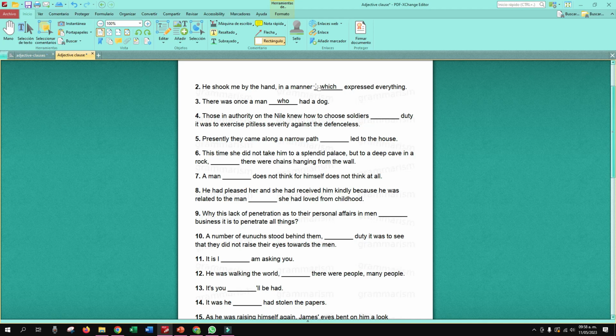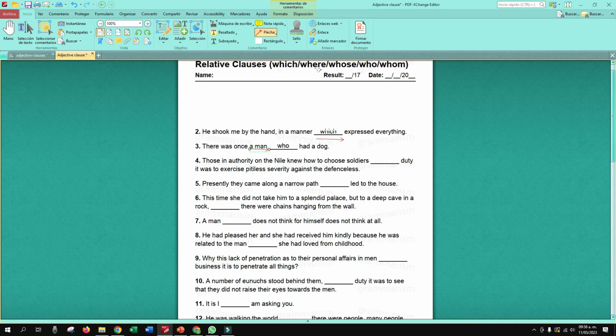Here you're using which, right? Also, there was once a man, you're talking about the man, who had a dog, right? So you're going to use which, where, whose, whom, who, in order to complete these sentences.